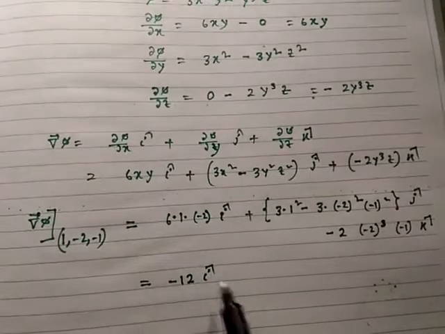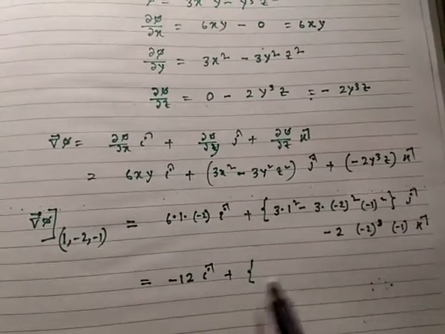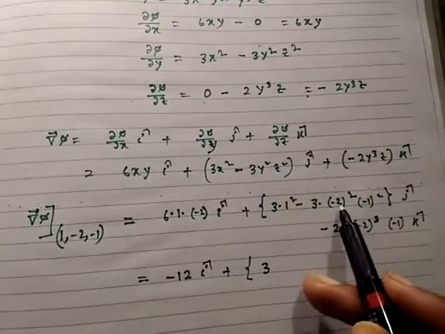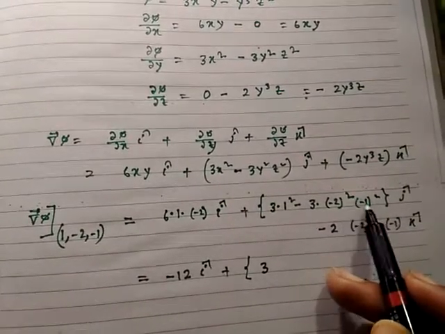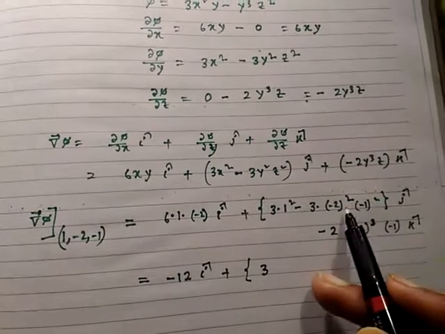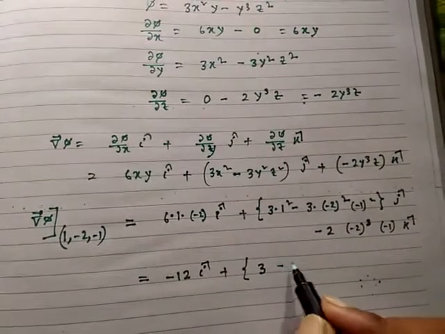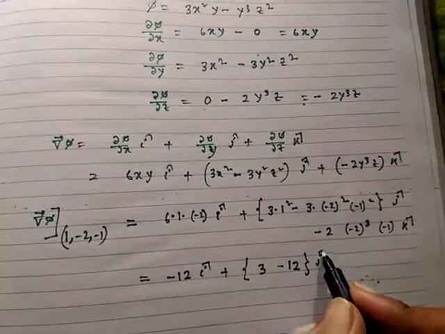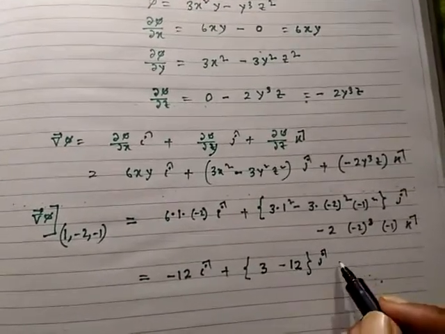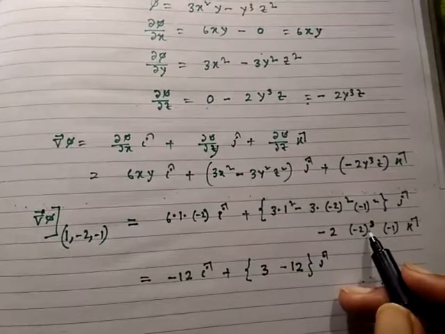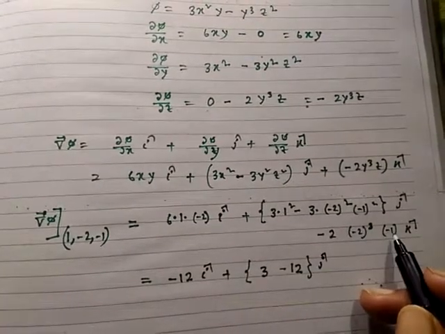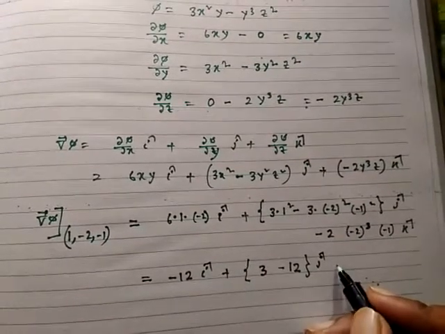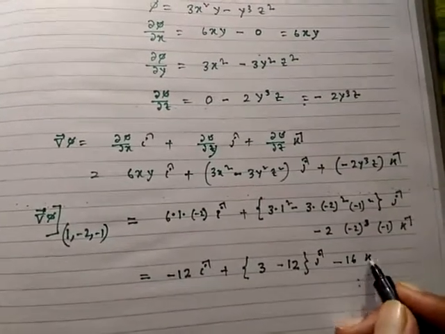So this will be minus 12 i hat plus 3, at minus 2 whole square is 4, minus 1 whole square is 1, so 3 minus 12 j hat. Here also minus 8 into minus 1, that is 8 into 2, that is 16, minus 16 k hat.